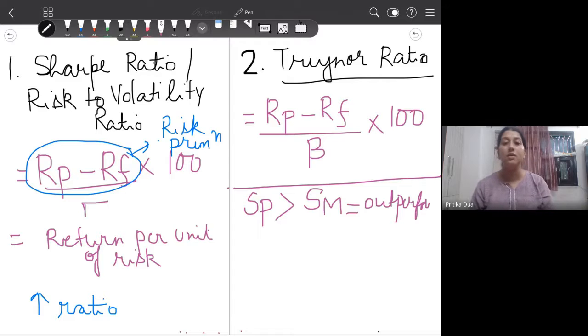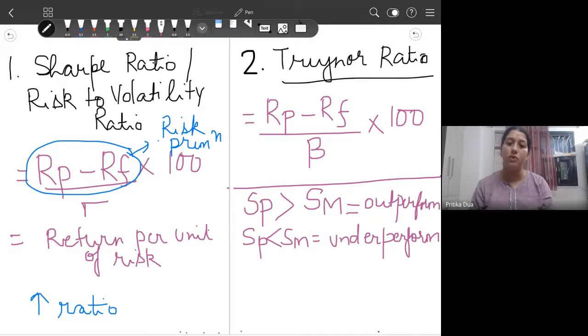So it has given return which is higher than the average market return. Vice versa will be the case of underperformance. That is, say the market is giving a return of 10% and your investment is giving you a return of only 6%. So in that case, you have underperformed the market. Your mutual fund has underperformed the market.